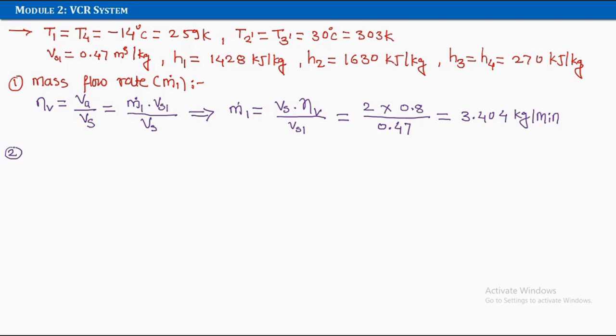Next, what we have to find out is the capacity of the system. First, the refrigerating effect per kg of refrigerant, that we can find out.